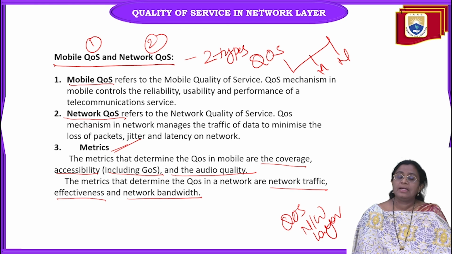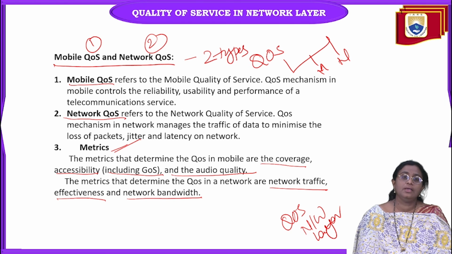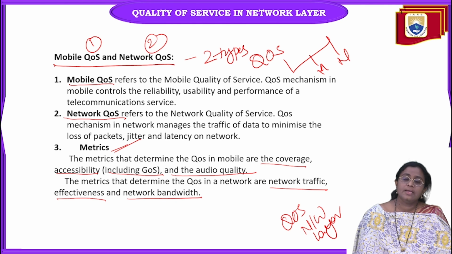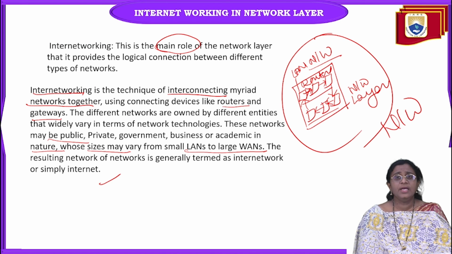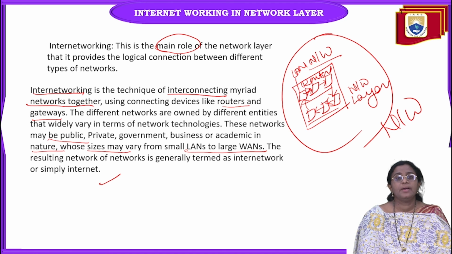That means what are the metrics or factors if you are working with QoS in the network layer, like coverage, accessibility including GoS, and audio quality, the high level of audio quality, and other metrics like network traffic effectiveness and network bandwidth. And how is internetworking interconnected with QoS? It is nothing but the interconnecting of many devices with switch-type networks.